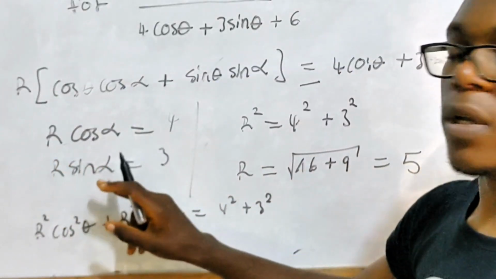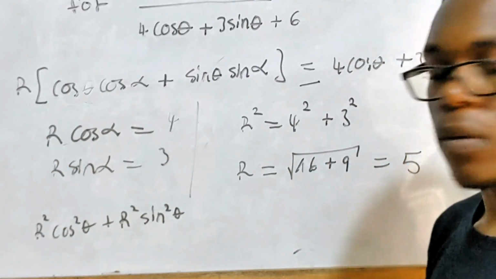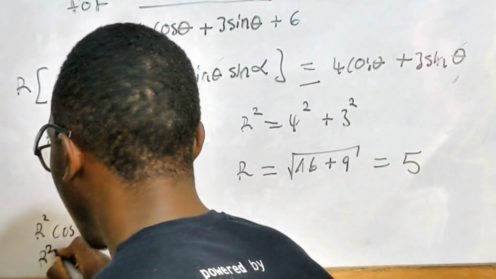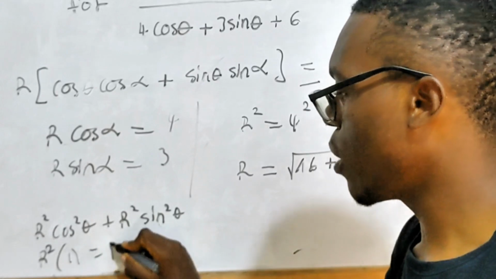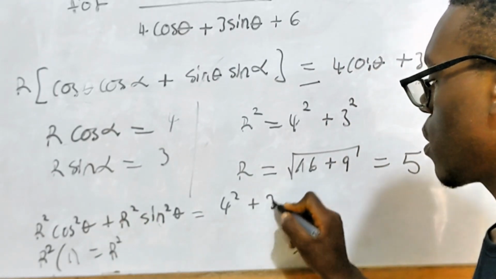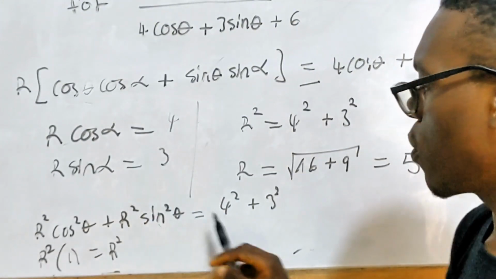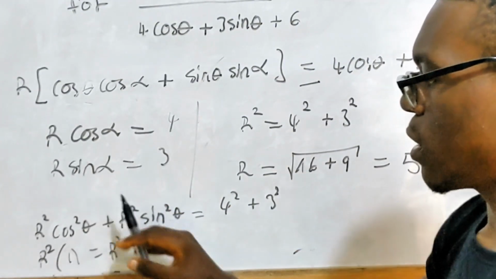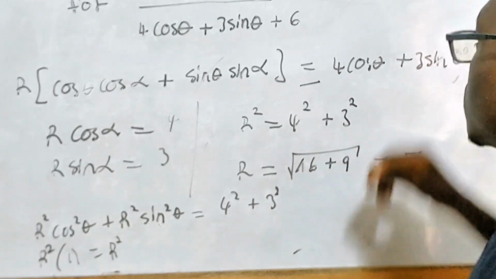You square equation 1 and square equation 2, then add. You can take out r squared. You know that cos squared theta plus sin squared theta equals 1. That will be r squared, equivalent to 4 squared plus 3 squared. So we come up with this.